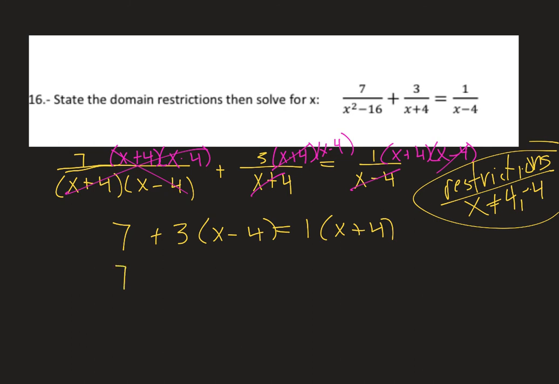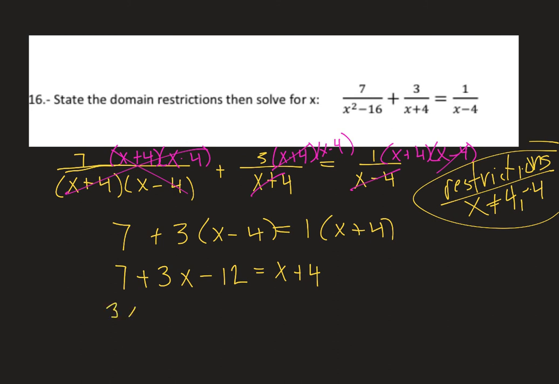So I'm going to solve this by distributing. We have a positive 3 we need to distribute through. If it is a minus, make sure you distribute the negative through. Then we've got x plus 4. And let's see.